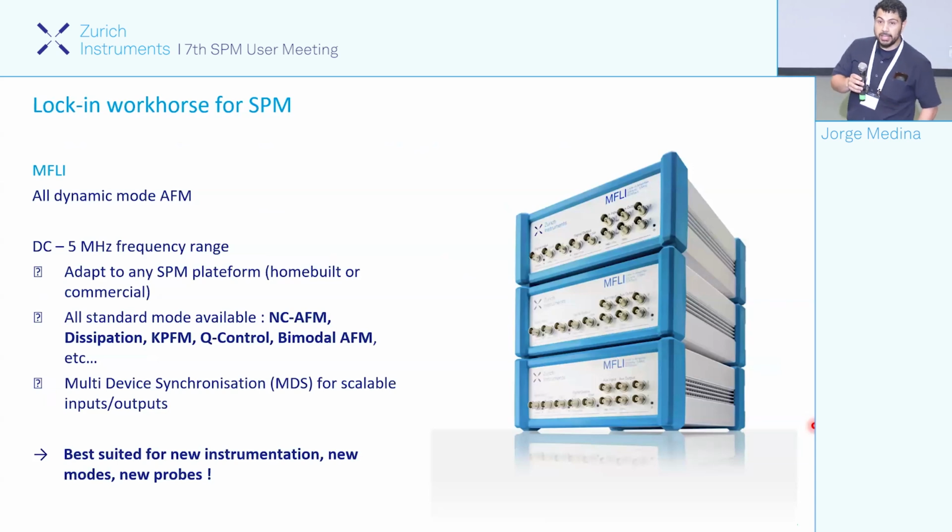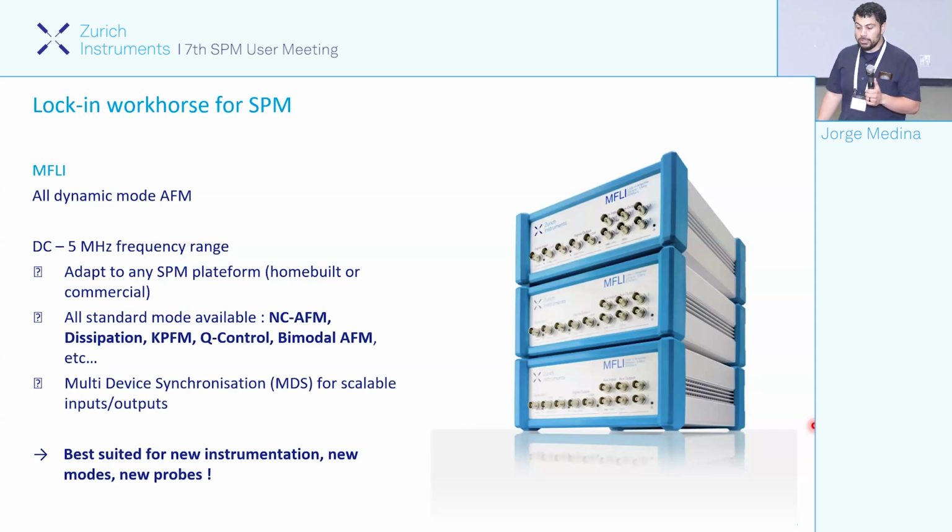So our lock-in amplifier workhorse for scanning probe microscopy is the mid-frequency lock-in amplifier, which we call the MFLI, and it can do all dynamic mode AFM. It can go from DC to 5 megahertz. It essentially adapts to all SPM platforms, whether it's home-built or a commercial system that you can plug into and control.